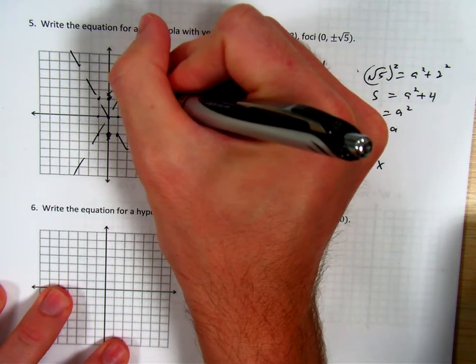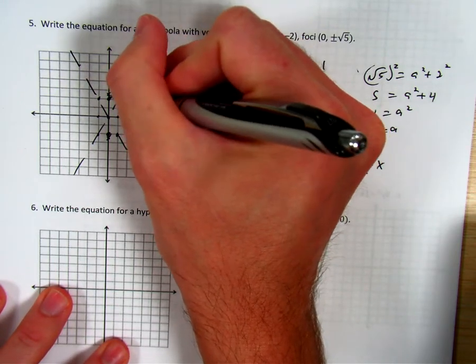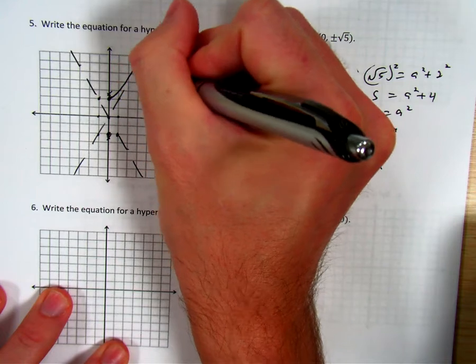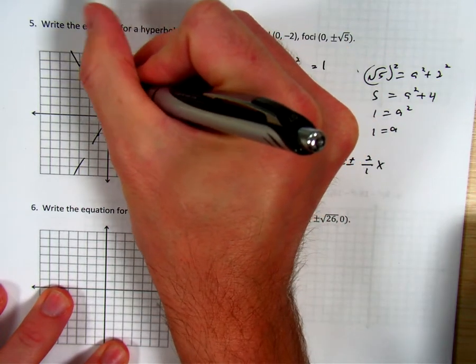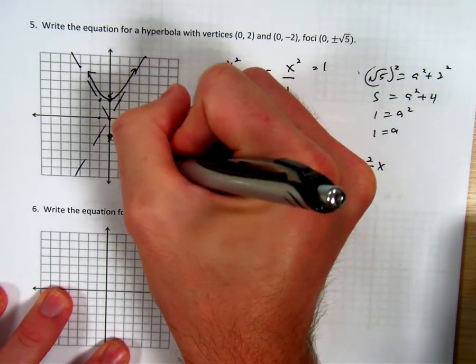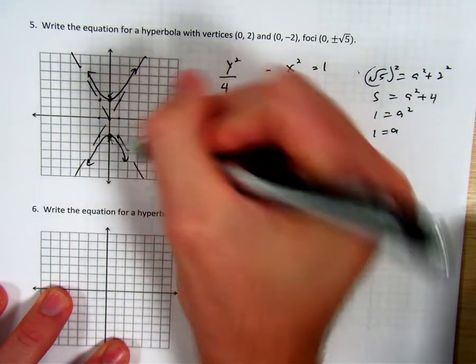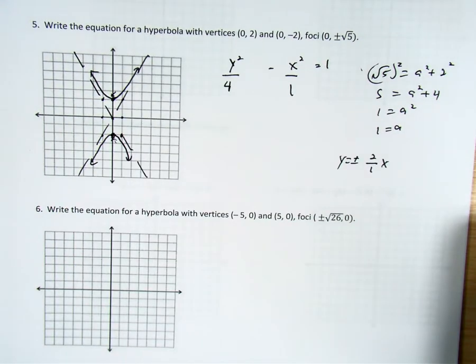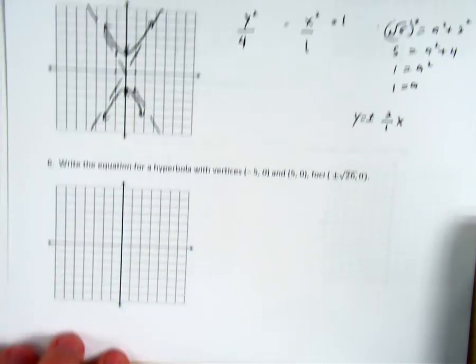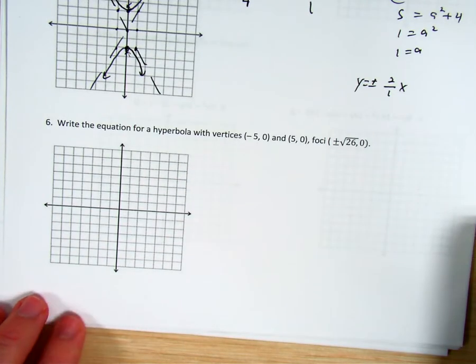Okay, we're going to be at our vertices, bending around the foci, and following our asymptotes out. Beautiful.